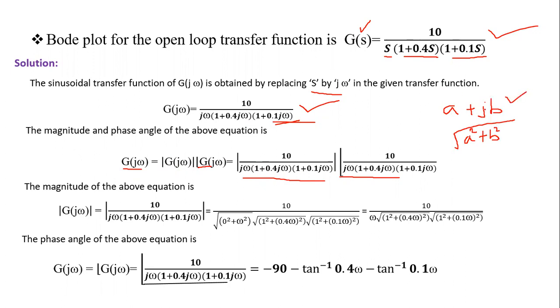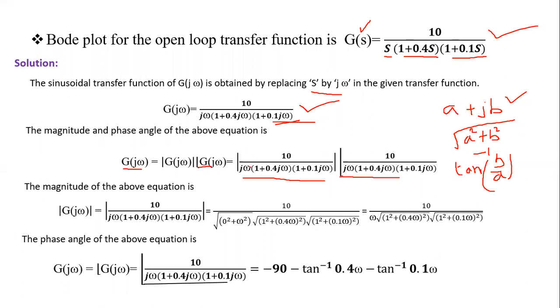And coming to the phase angle, it is tan inverse of imaginary by real, that is tan inverse of b by a. Imaginary term is b and real term is a. So by using this technique, we can identify the magnitude and phase angle for this equation.